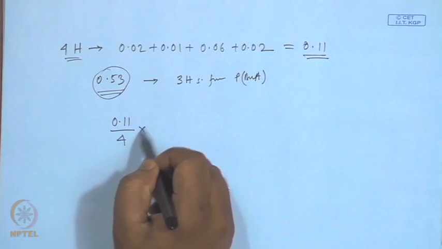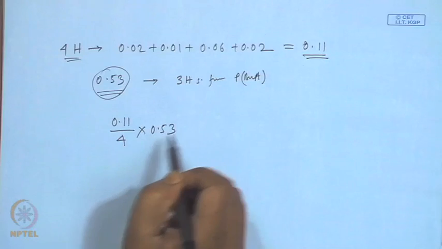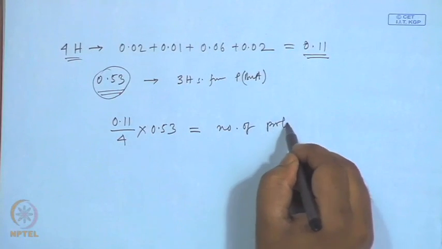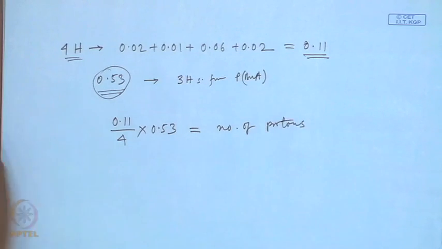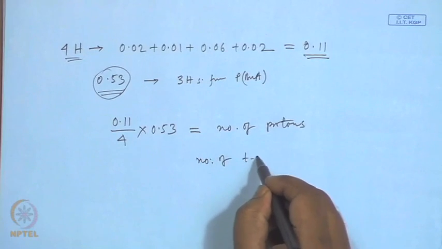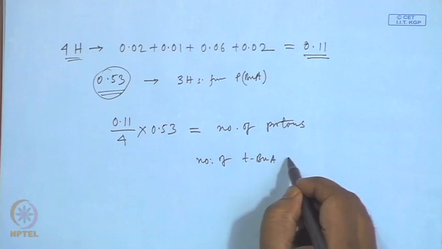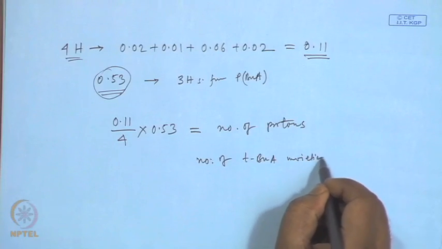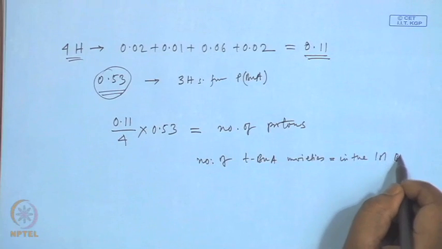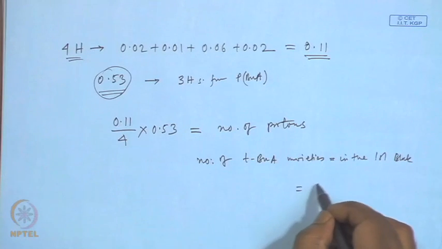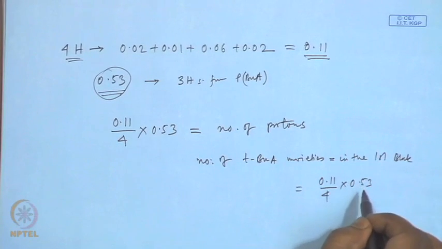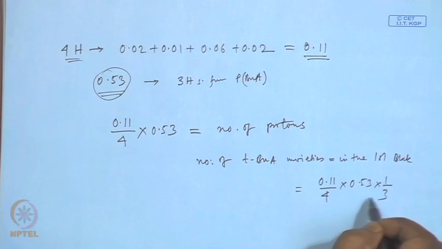0.11 divided by 4 multiplied by 0.53. So, this is the number of protons for that particular signal. So, the number of tertiary butyl acrylate moieties in the first block is that divided by 3.